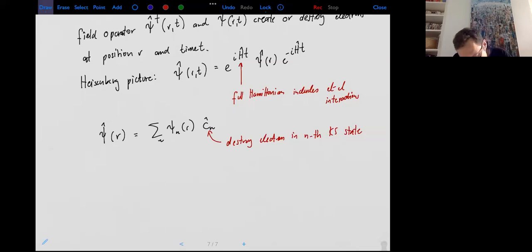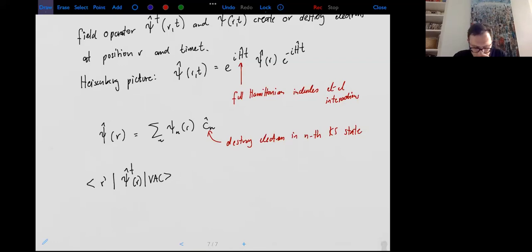All right, so let's check whether this is actually true, what I've told you. As a test, we can start with the vacuum. Vacuum means no electrons whatsoever. And then we act with this field operator onto the vacuum, right? Supposedly this creates an electron at position r, and then we want to look at this wave function at r prime.